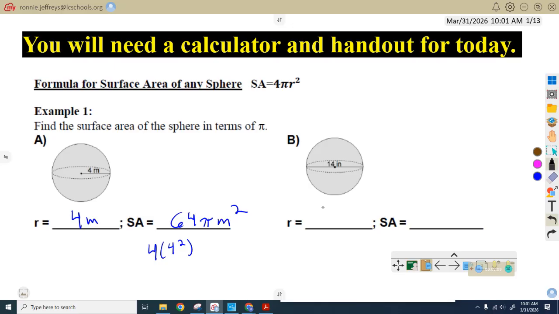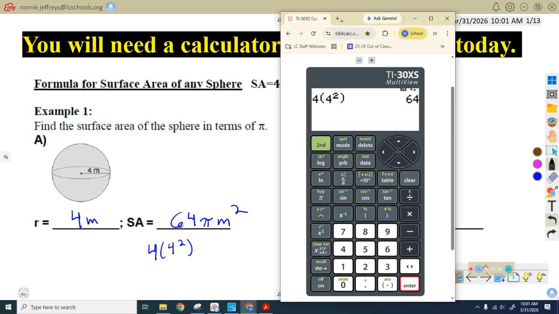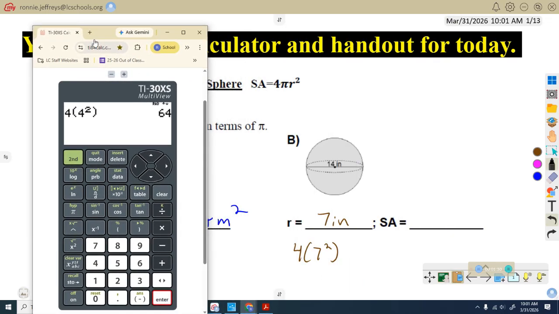Now, on B, if the diameter is 14, what's the radius? So 7 inches. So this would be 4 times 7 squared. So, 7 squared.